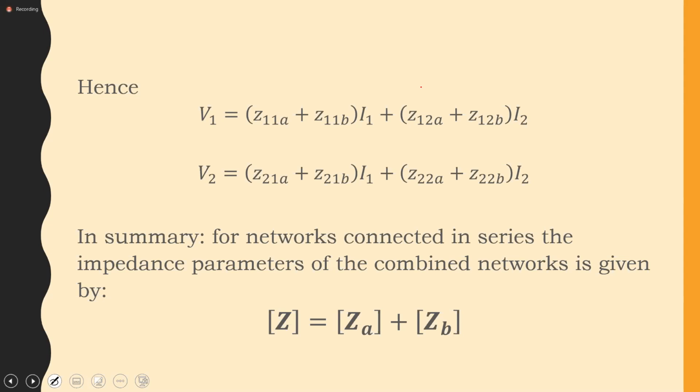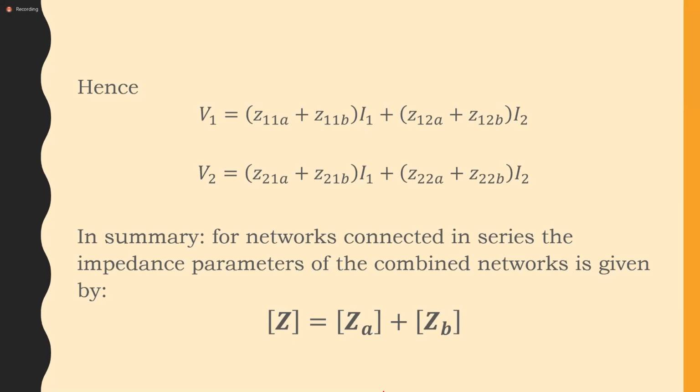If you have 3 networks in parallel, then you add the 3 sets of parameters. For networks in series, it is the sum of the impedance parameters. So we have looked at 2 of the 3 possible connections.